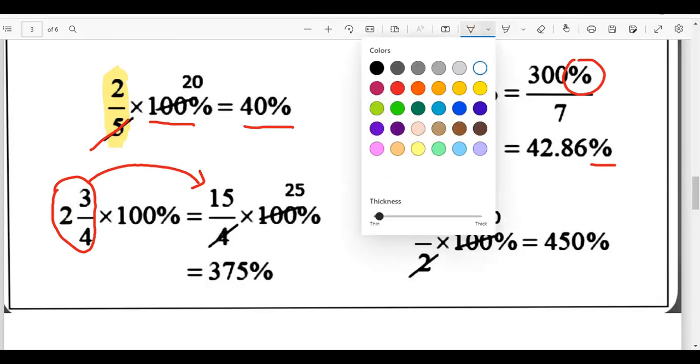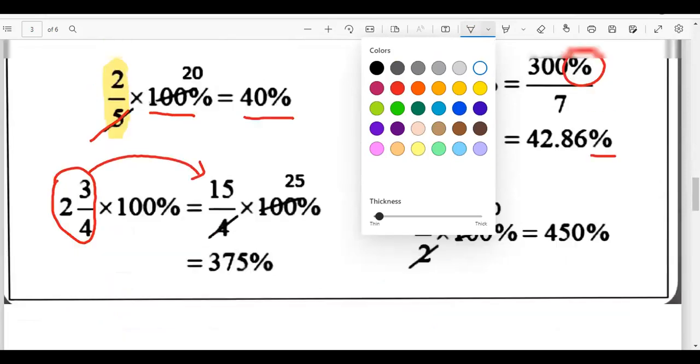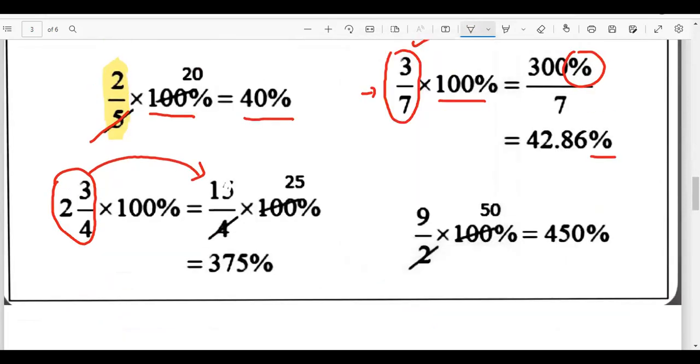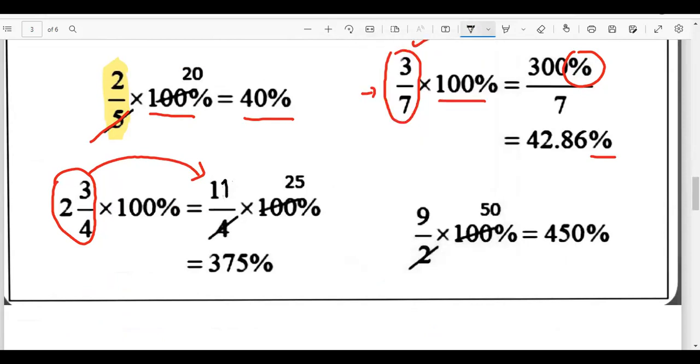So this number right here is basically 11. Okay. So 11 by 4. Now 11 by 4 is the improper version of this mixed fraction.